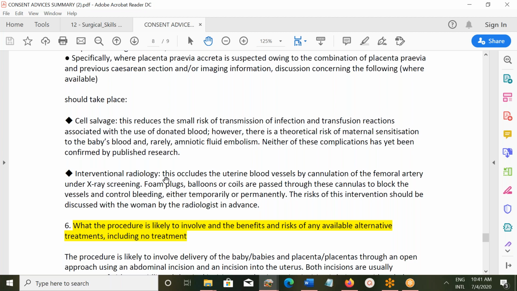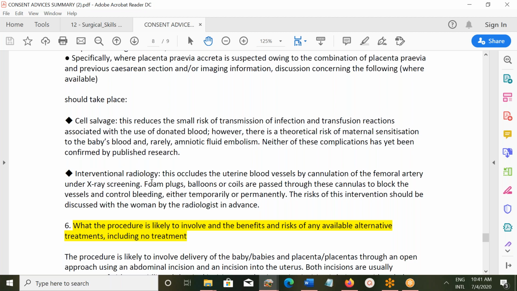The problem is that there is a small risk of transmission of infection and transfusion reactions, which are associated with use of donated blood. These problems can be avoided. But there is a theoretical risk of maternal sensitization to the baby's blood, and rarely it can cause amniotic fluid embolism. These are just speculations or hypotheses, and they have not been confirmed by research.